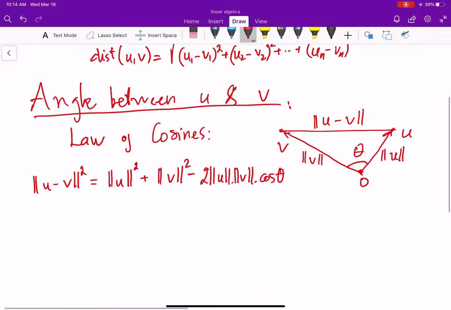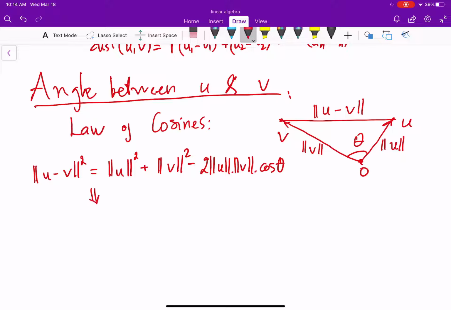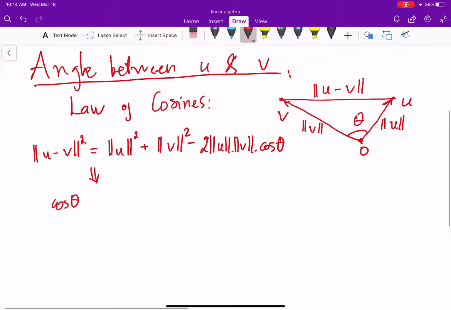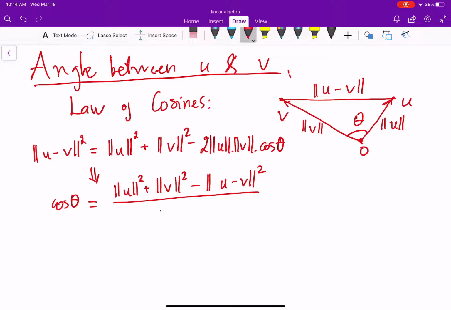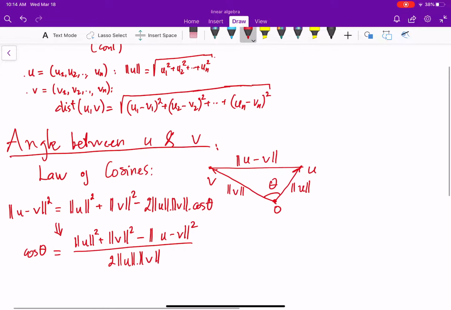So from here, you can get cosine of theta equal to, I would write like this, the norm of u square plus the norm of v square minus the norm of u minus v square over 2 times the u and v norms, right? And you know, since we have the formula right here, the norm of u, the norm of v can be determined similarly, and the distance between u and v.